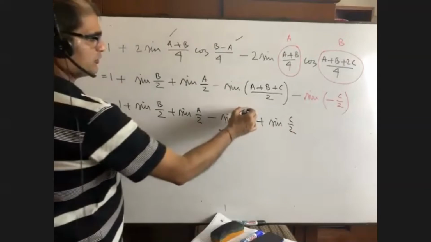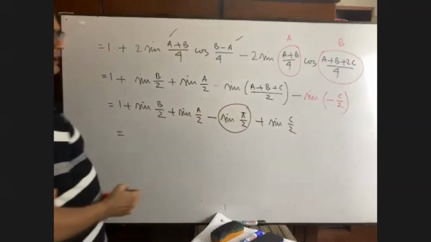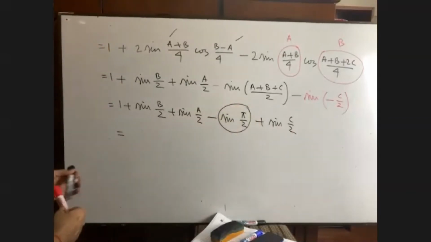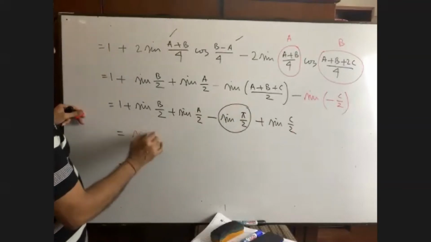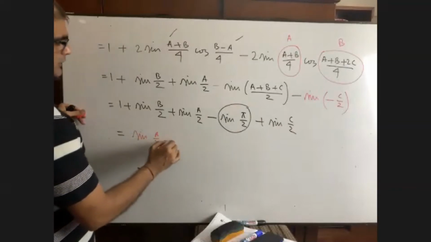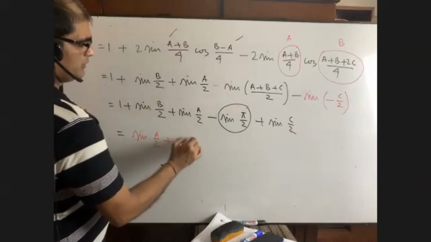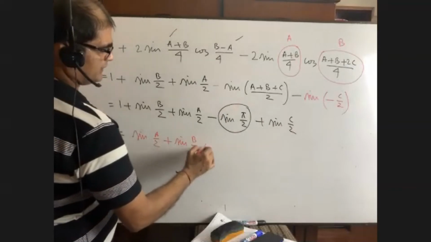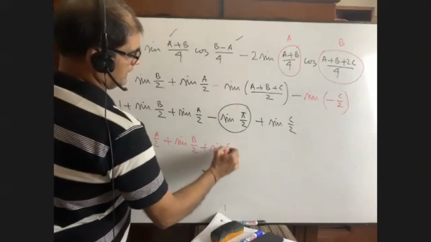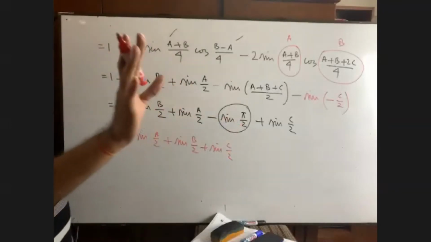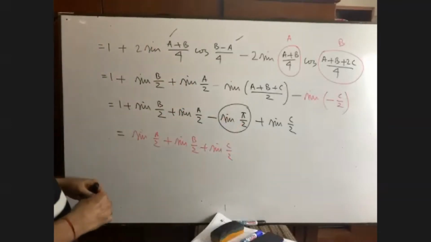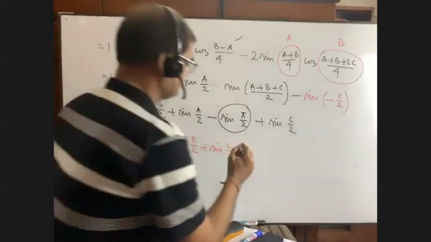What will be its value? Is it 1? Yes, sir. Then sin A by 2, sin B by 2, plus sin C by 2. This is minus 1 and this is plus 1, which will be omitted, equals the left hand side. So our math is done.